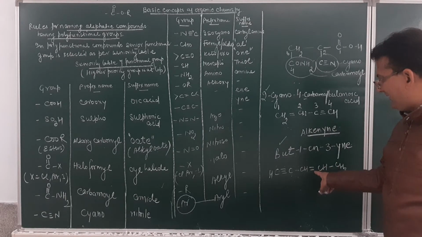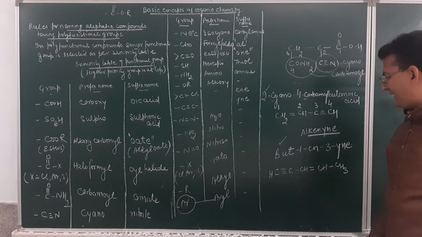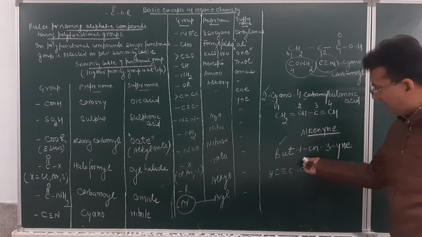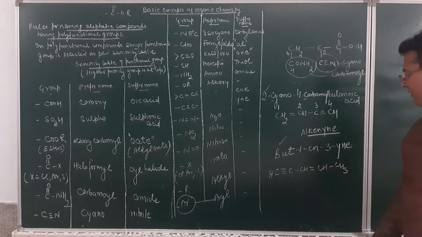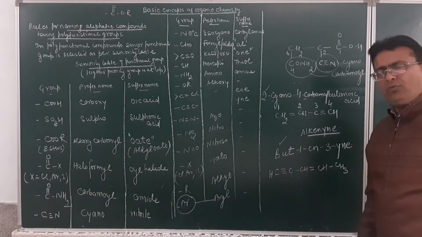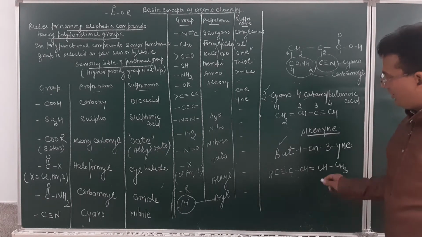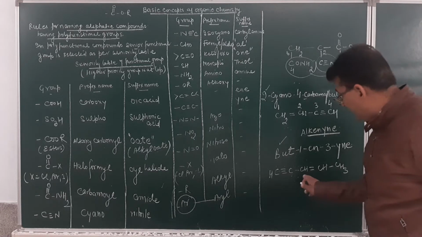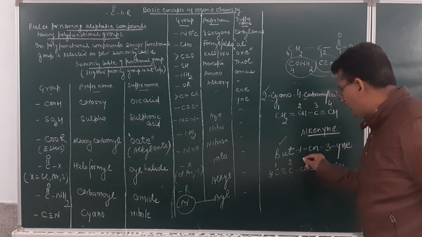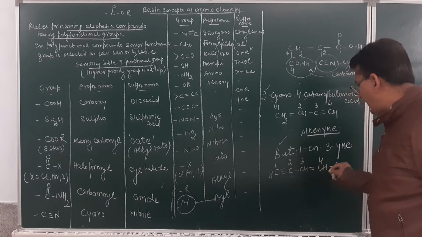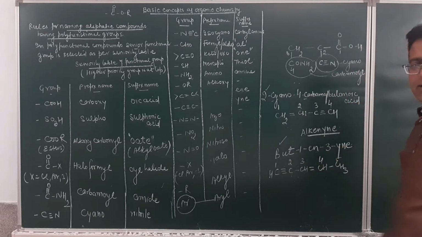Although as per the seniority table the numbering must be done from that side where the double bond gets the lower number, since over here the triple bond is coming at the lower number, we must start the numbering from that side which gives the lower number, whether triple bond or double bond. So in this specific case, I will be numbering from here 1, 2, 3, 4 and 5. I think the rule must be very clear.